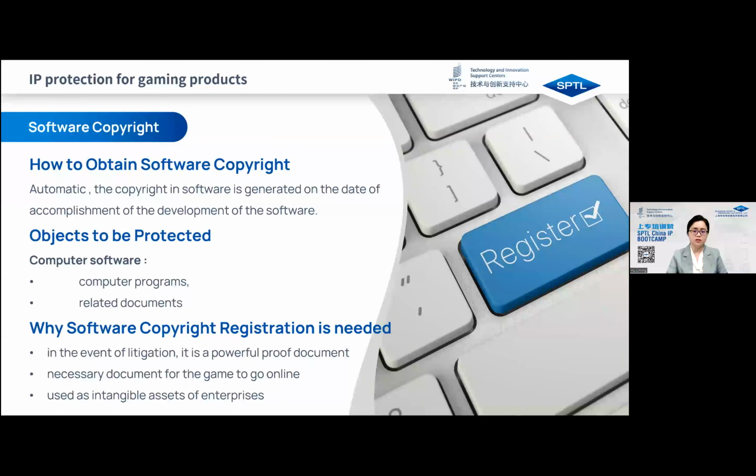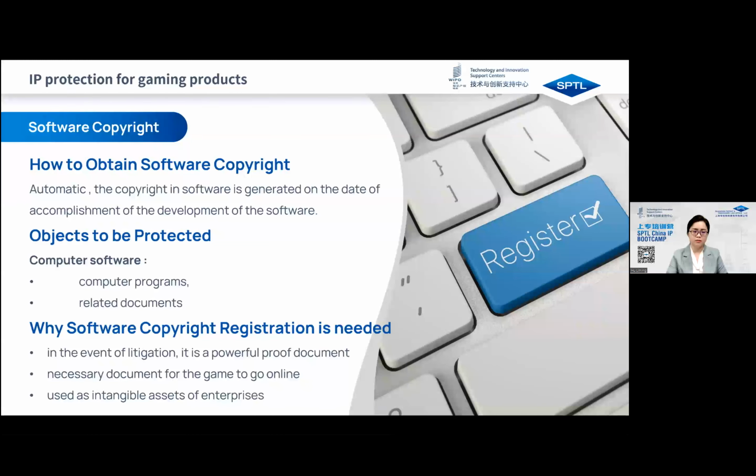Based on the 2021 edition of the White Paper on Infringement Litigation in China's online game industry, it was found that the number of cases of game software code infringement have increased significantly. So, I will give you a brief introduction to the protection of software through copyright in China.